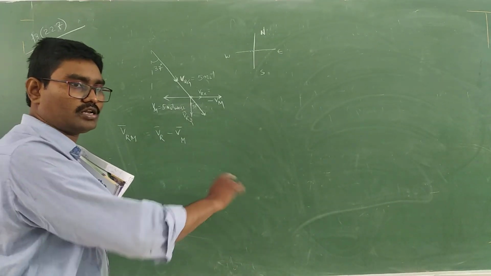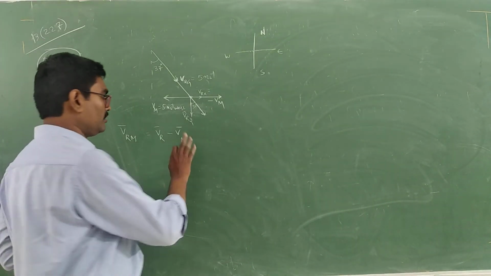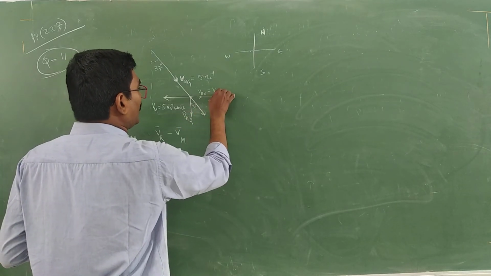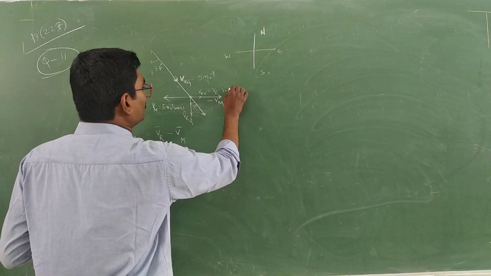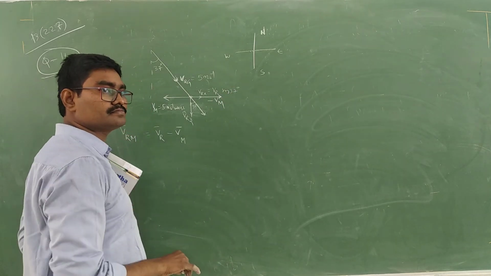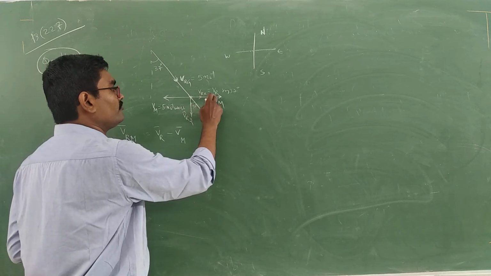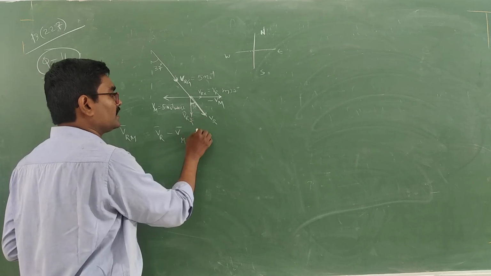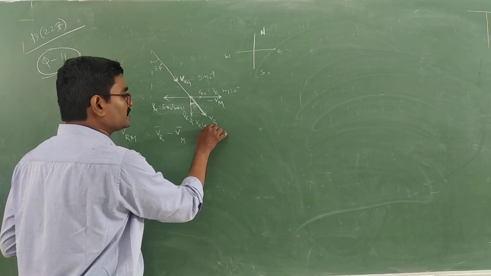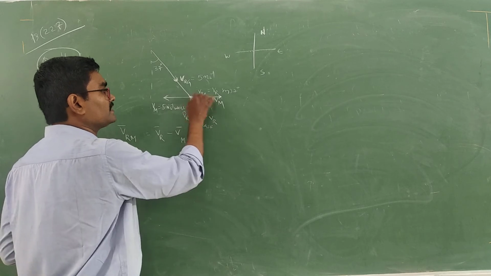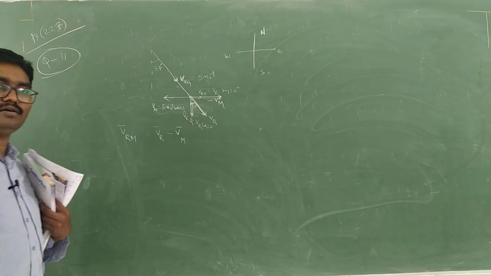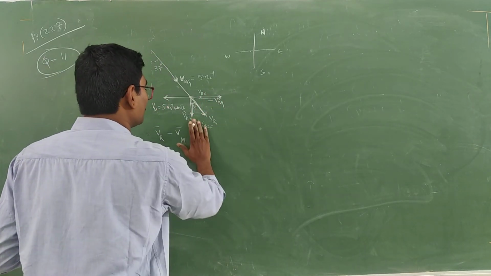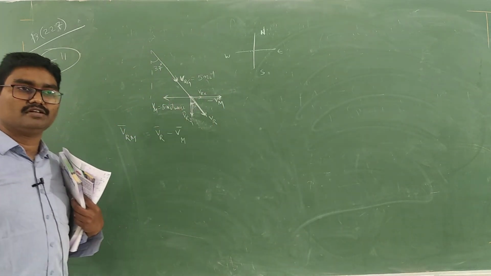It is not along north. So VRX is what? VR sin 37. Correct or not? VRX is equal to VR. This is VR. What is this VR side? VR cos 37. This is cos 37. This is sin 37. Correct or not? This is confusing, just leave it. This is like VRX and VRZ.